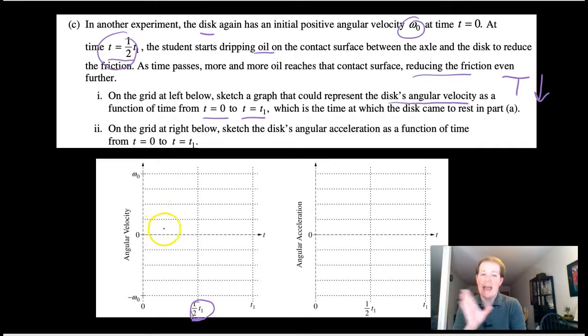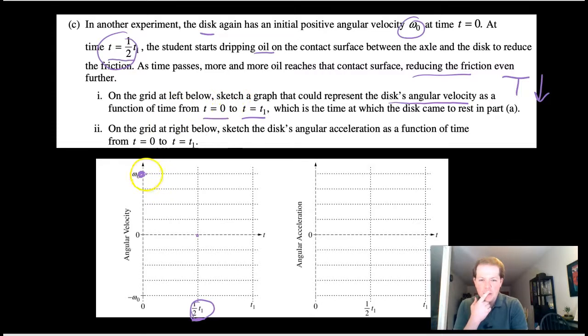So the first half of this motion, the first half of the time, the disk was spinning like it was before, where there is friction. So again, it's starting at some velocity omega naught, and then as it's spinning, it's slowing down. It's not coming to rest. I probably shouldn't go to here because it seems like they're starting to drip oil while it's still spinning.